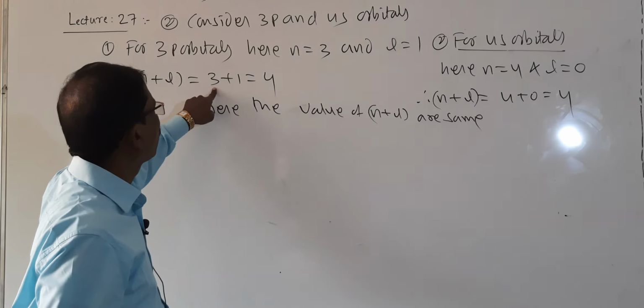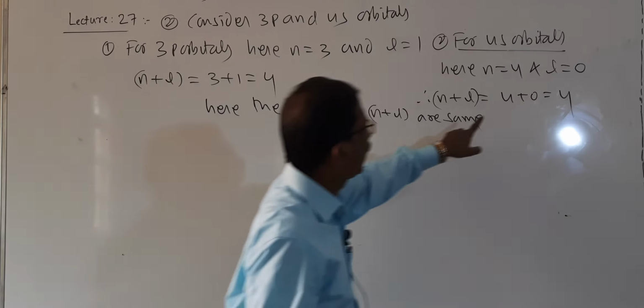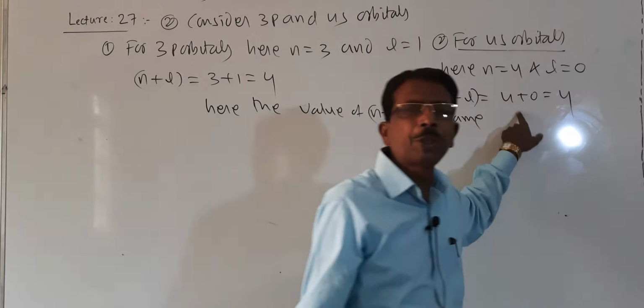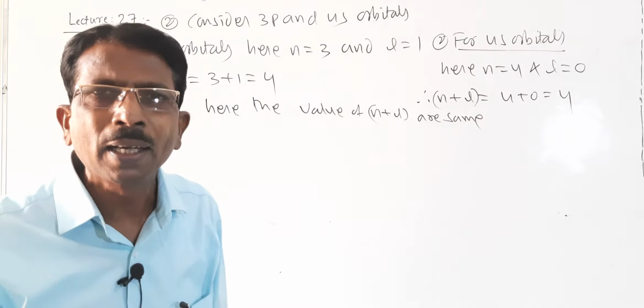Look here, the value of n here is 3. The value of n here is 4. So, which one is having larger value of n?